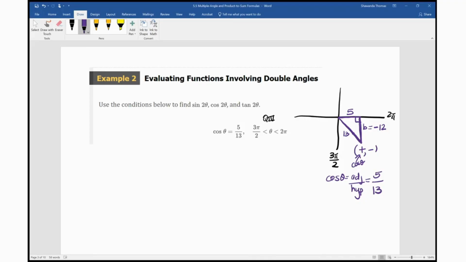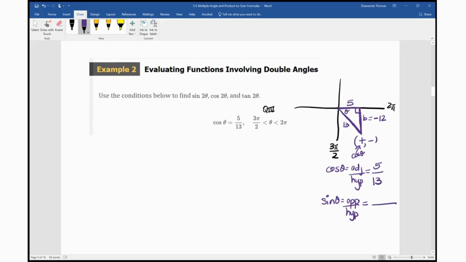All right. So since we know that, we got sine of theta. We know that's opposite over hypotenuse. So what would be sine of theta? Negative 12 over 13.